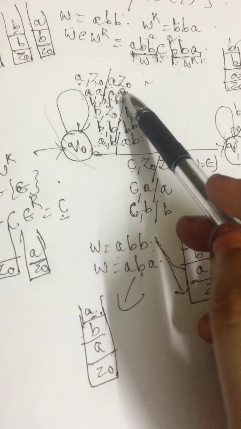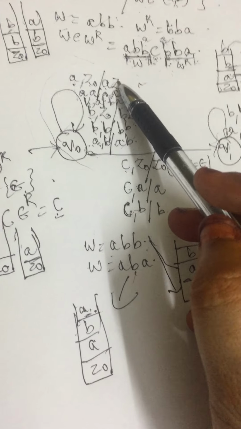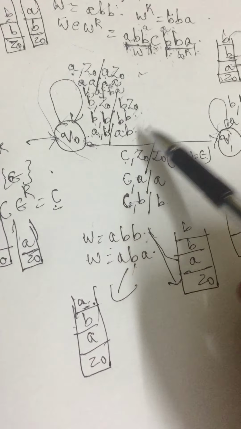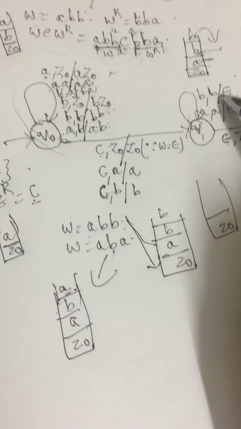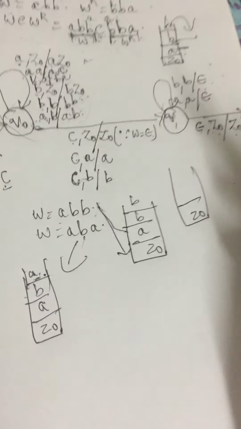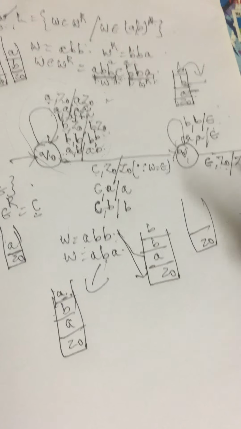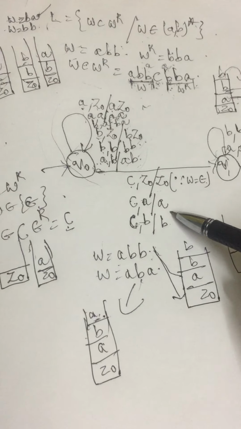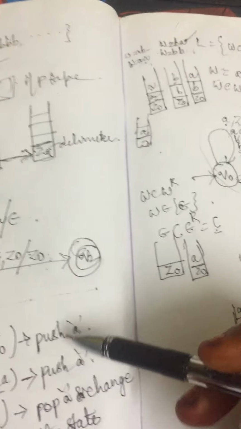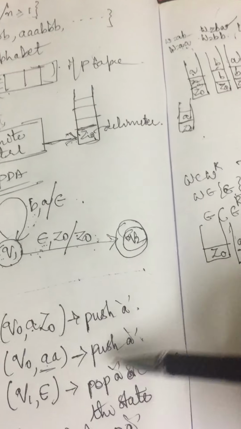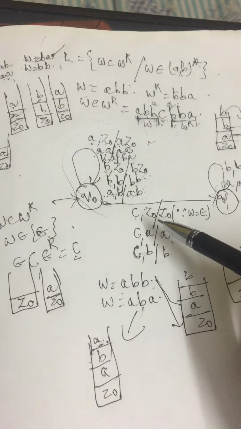Now if we observe, how many PDA moves are we going to get? 1, 2, 3, 4, 5, 6, 7, 8, 9, 10, 11, 12 PDA moves. We need to follow the same procedure to construct the PDA moves for this example also.